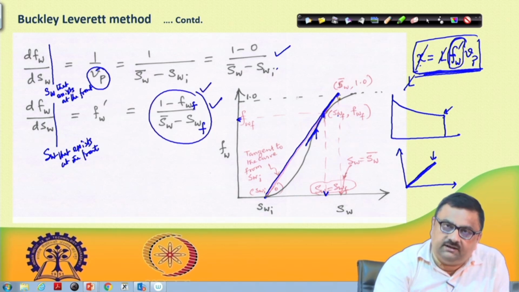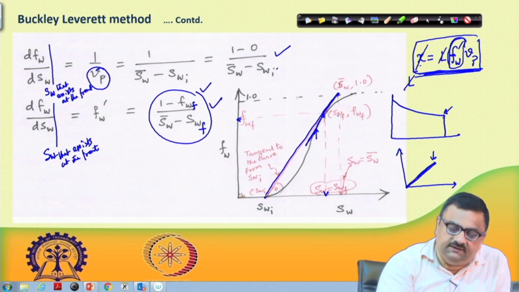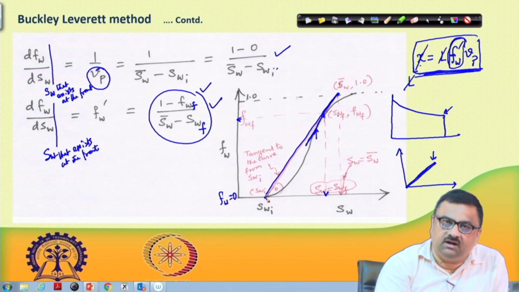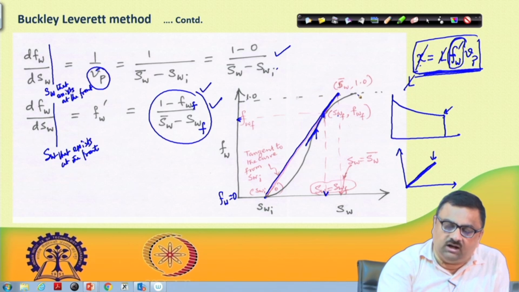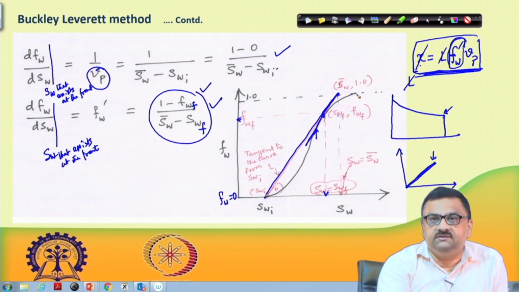And if I look at the overall slope, how much would that be? The overall slope would be 1 minus 0. I know here FW is equal to 0. FW starts from 0 at SW equal to SWI, and FW is equal to 1 when SW is equal to 1 minus SOR.